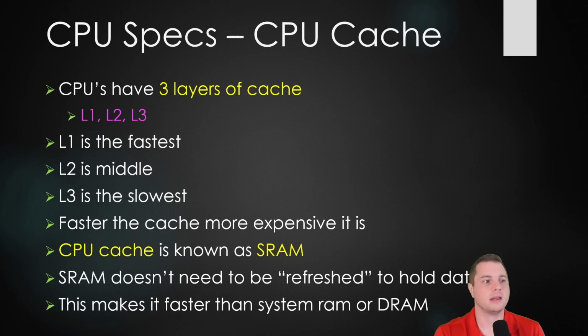Okay. CPU specs, caching. So typically speaking, any consumer CPU is going to have 3 layers of cache: L1, L2, and L3. Obviously, L1 is the fastest, L2 next, and then L3. They're all plenty fast, but they all have architectural differences.